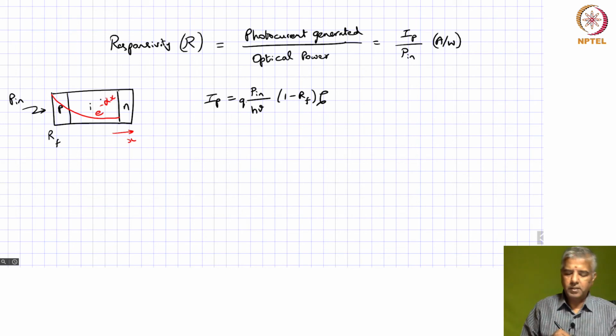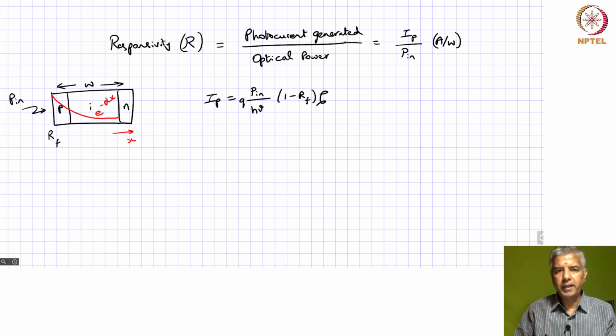Within this entire structure, whose width corresponds to W, the value at this point corresponds to e power minus alpha W. So the amount of light that gets absorbed corresponds to 1 minus e power minus alpha times W.